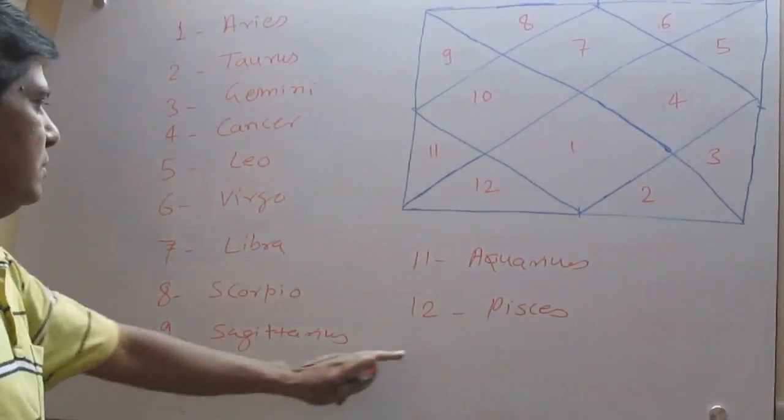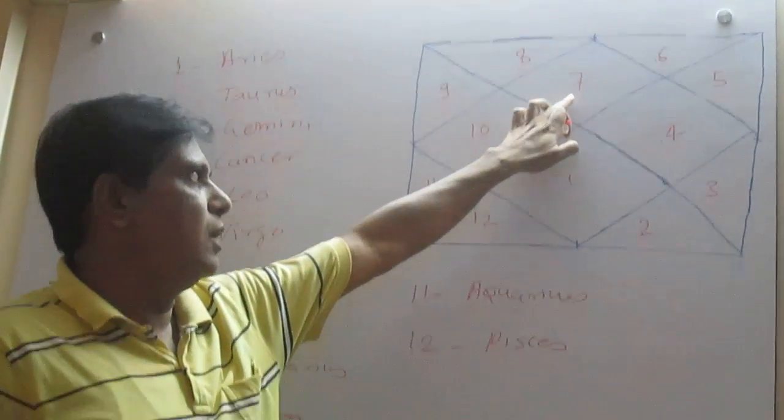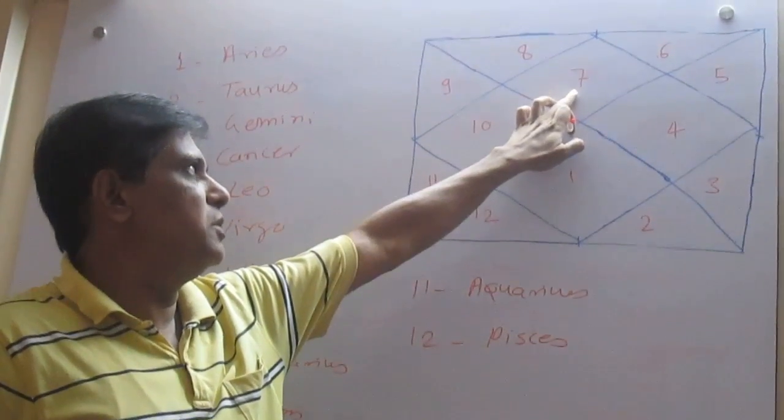So these numbers are given to the 12 rashis, and for the rashi which is present in the house, the number is mentioned here.